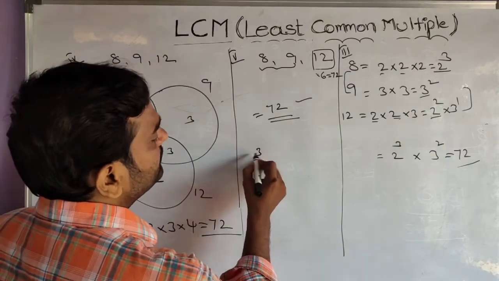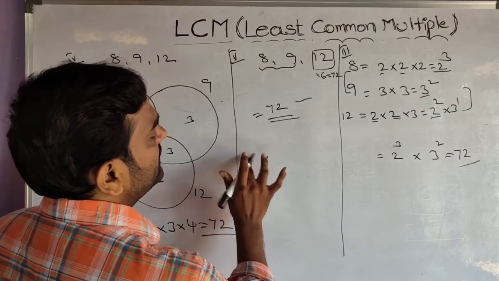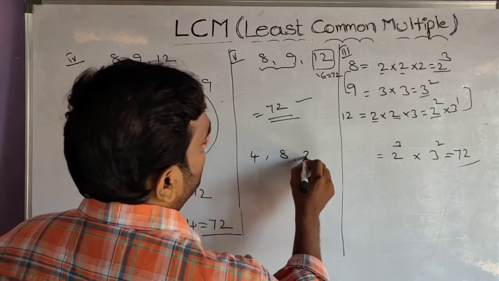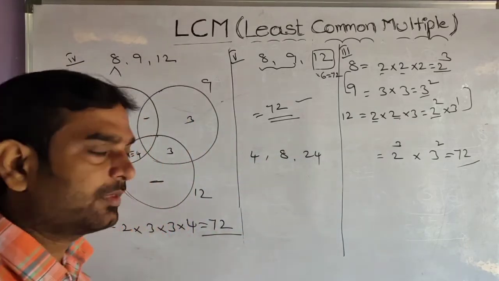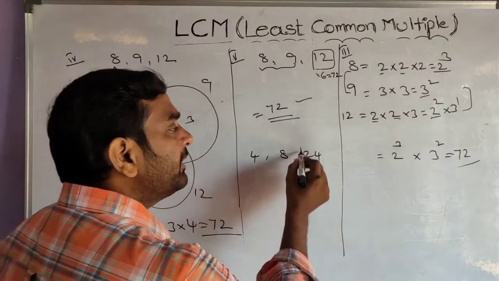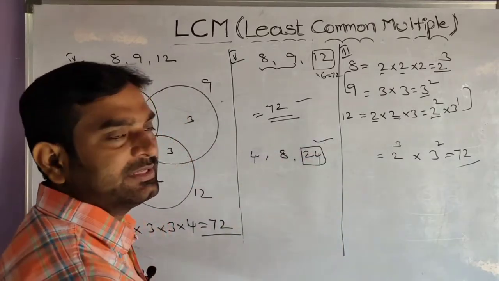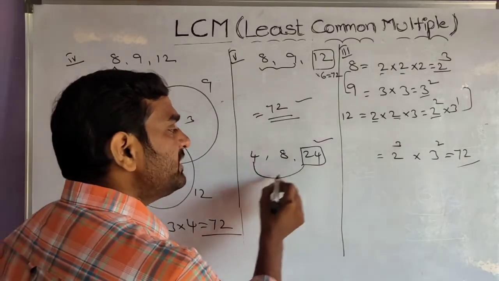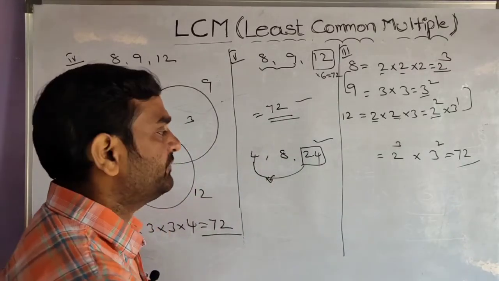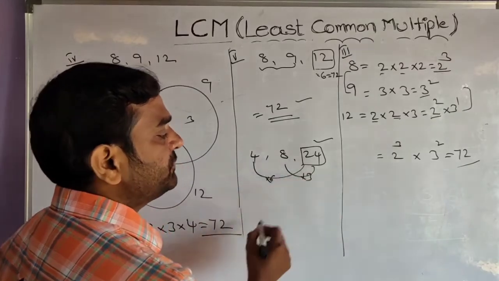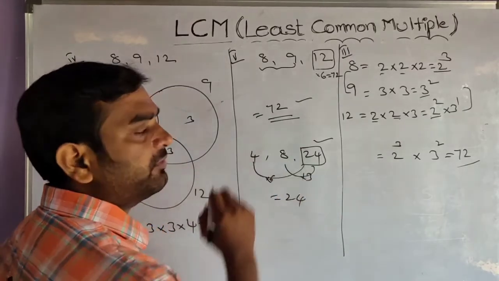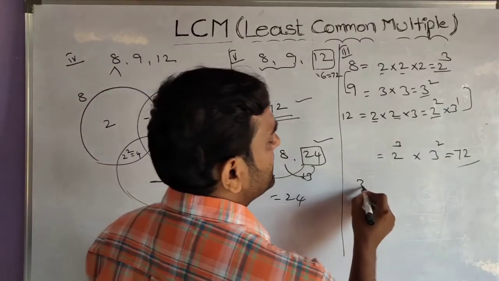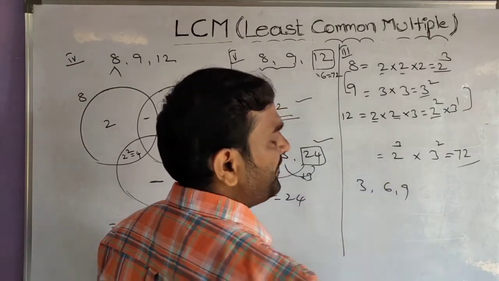In this method, I will tell another problem. For example, take 4, 8, 24. Take the bigger number, that is 24. Check whether 24 is a multiple of the remaining 2 or not. 4 sixes are 24 and 8 threes are 24. So 24 is the LCM. In this way we can take any numbers, 3, 6 and 9.